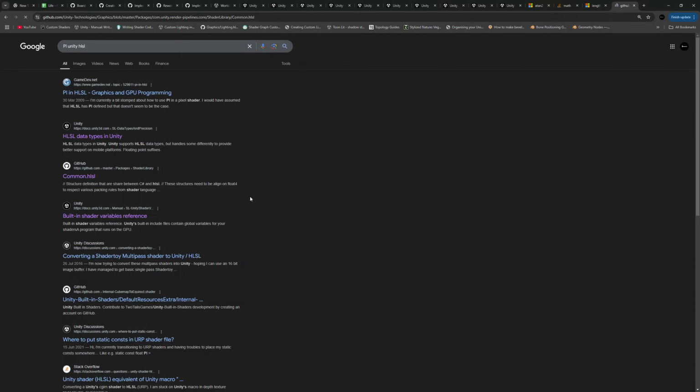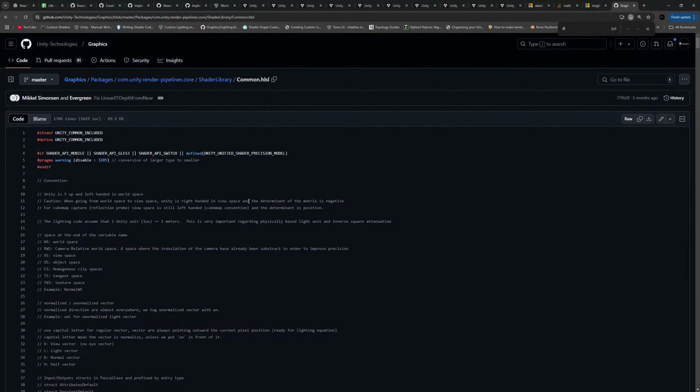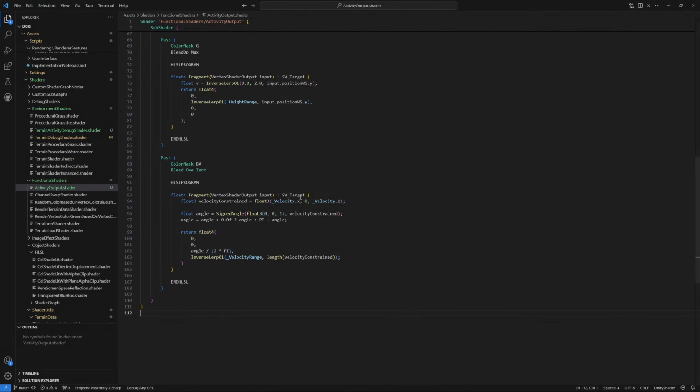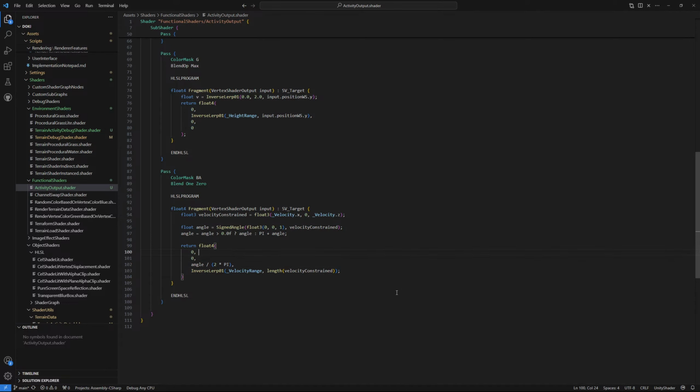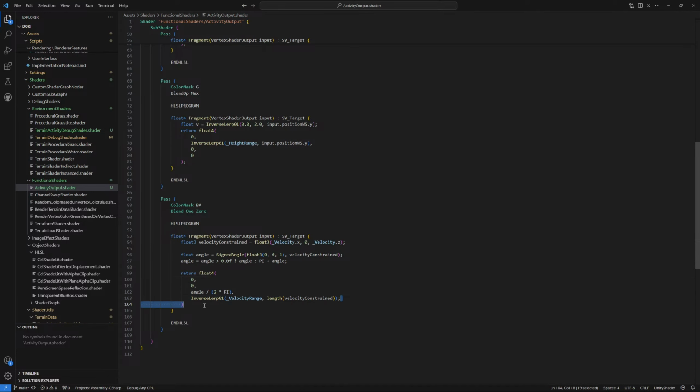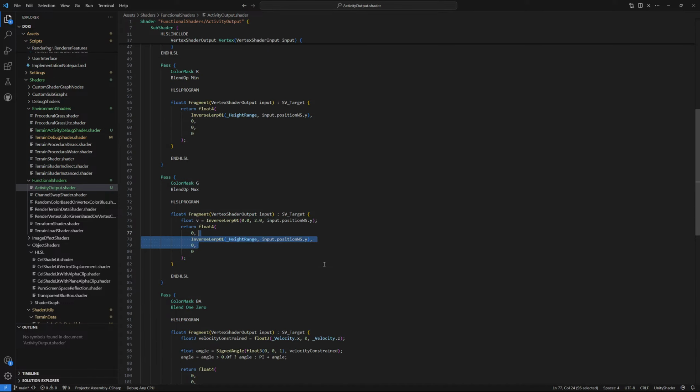Do we have Pi in here? It's actually MPi, isn't it? Ah, forget it. We use our own definition and we don't define tau currently. Velocity range, height range.